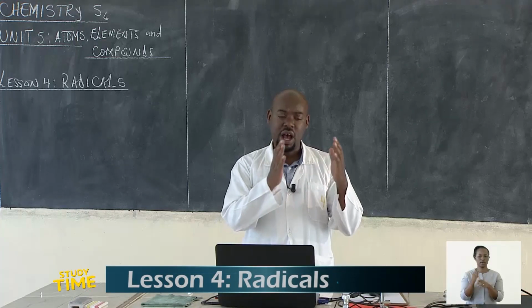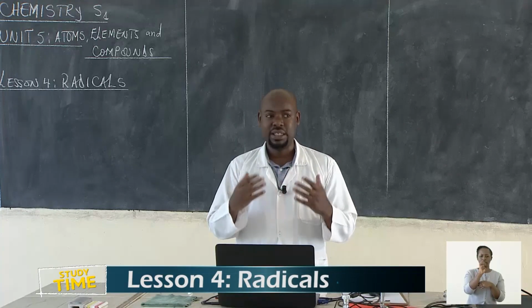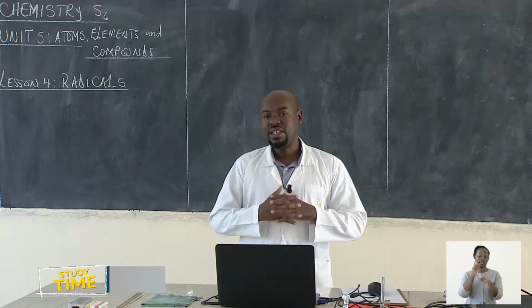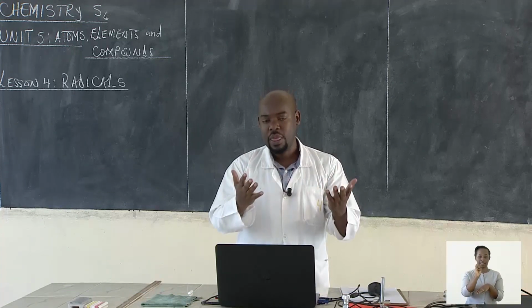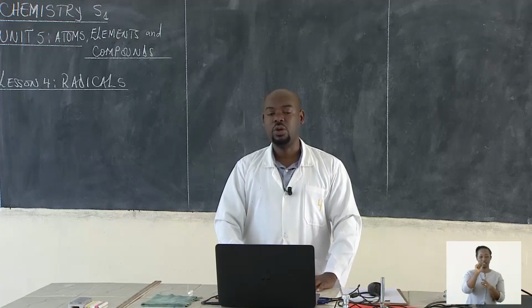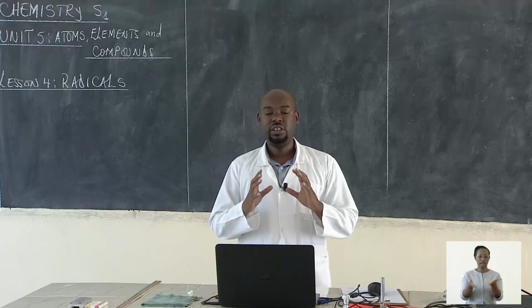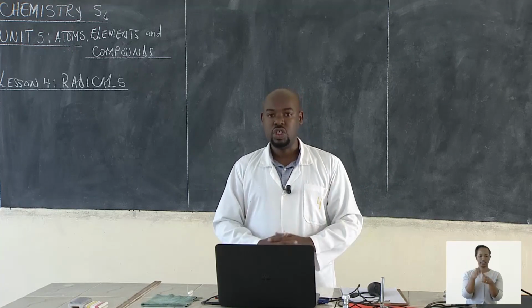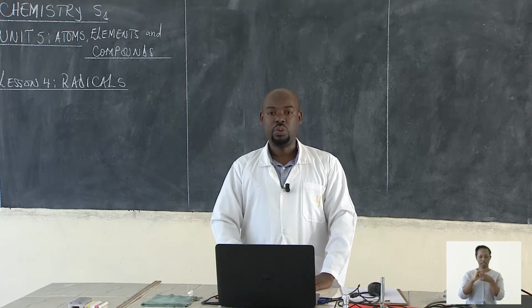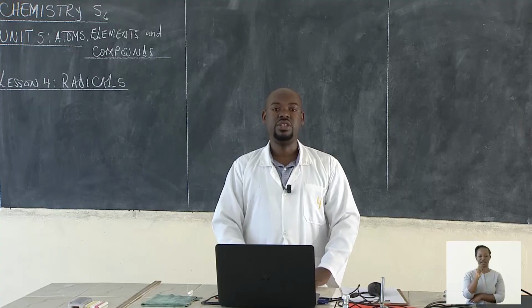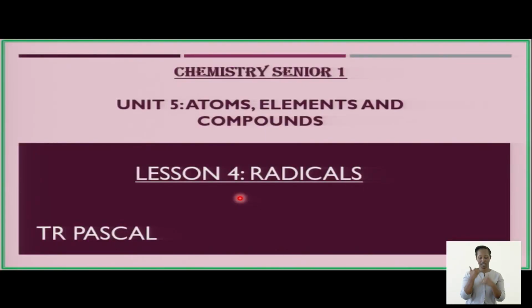But if we consider atoms, elements, and matter itself, we know that matter is a combination of various atoms. So today, what we will look at is one kind of chemical combination of atoms that we call radicals. So today's lesson is the radicals.